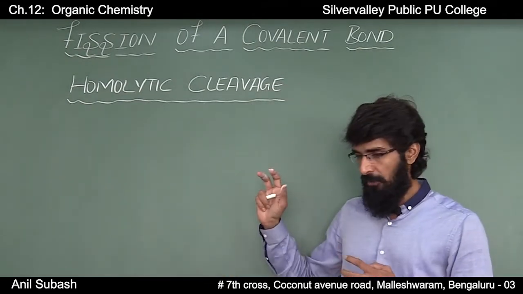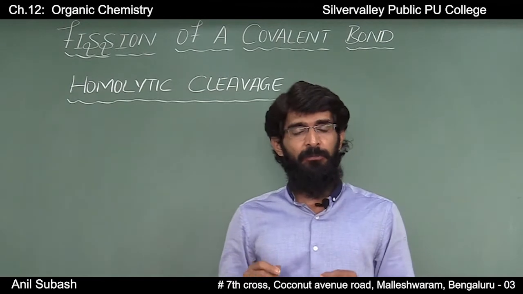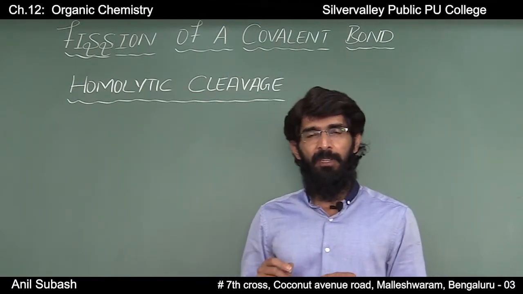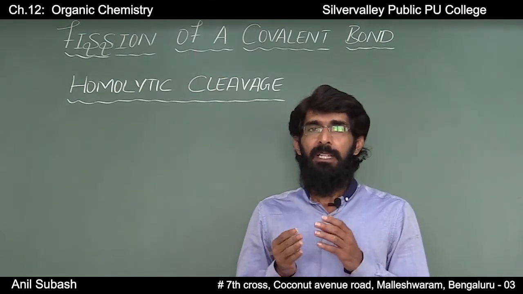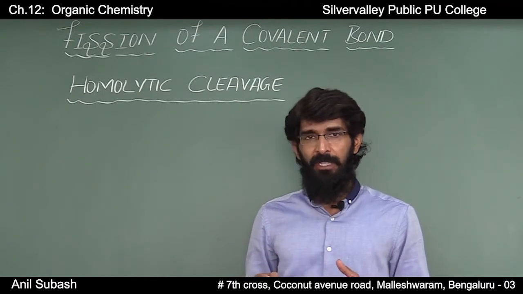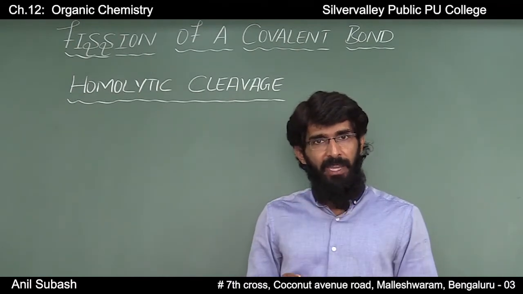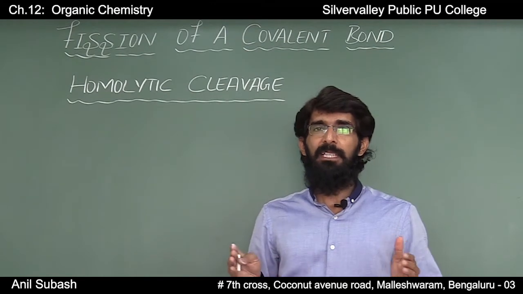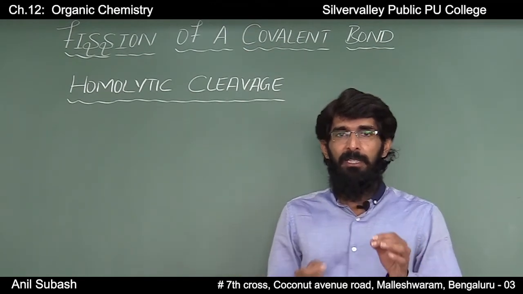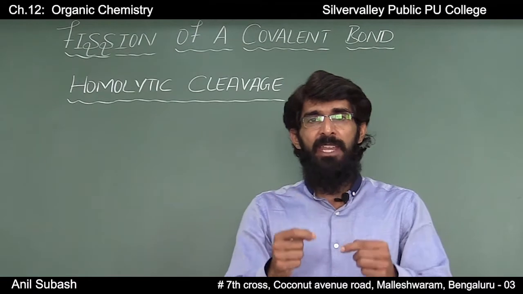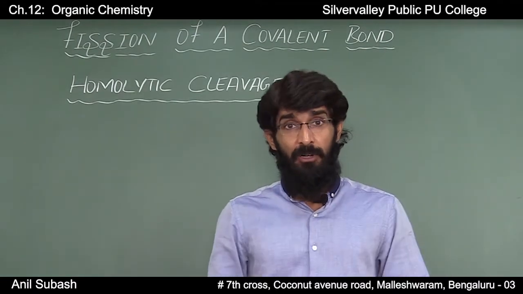Now, let us assume a covalent bond which is formed due to equal sharing of electrons. In the case of homolytic cleavage, when a bond breaks, both the leaving groups will take their share of electrons.